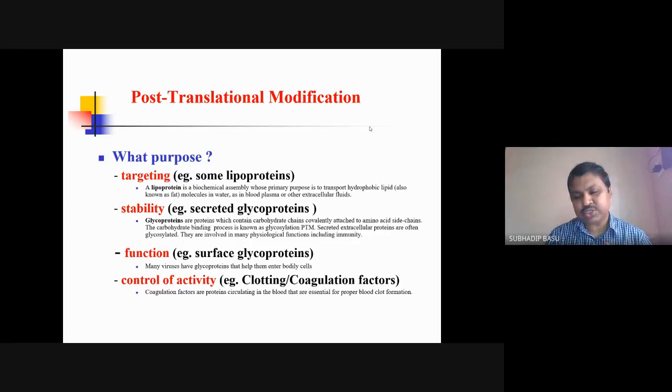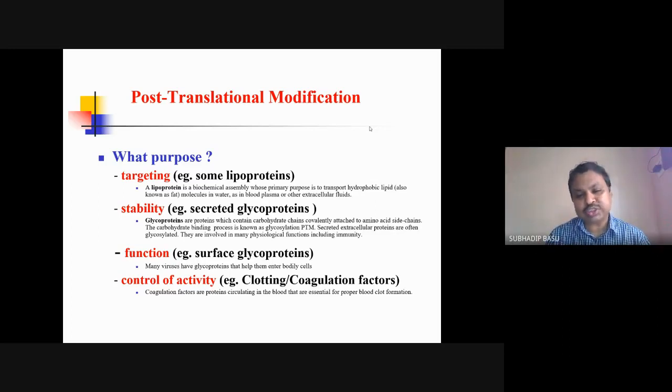So these types of functions are also mediated through post-translational modification. Again, there is control of activities, like regulation. For example, the clotting and coagulation factors are heavily mediated through post-translational modification.